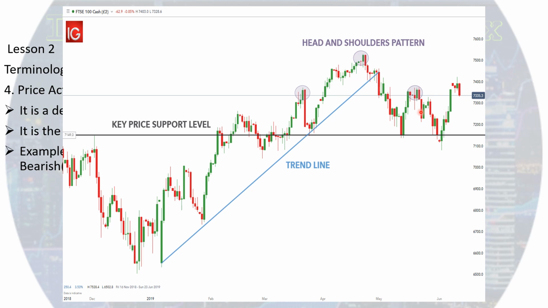especially something that is more likely to break your key support level on the FTSE 100, of course, can be your news. Say that one or two of the companies of this index have had bad news.